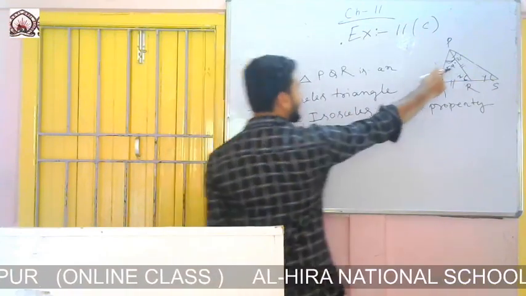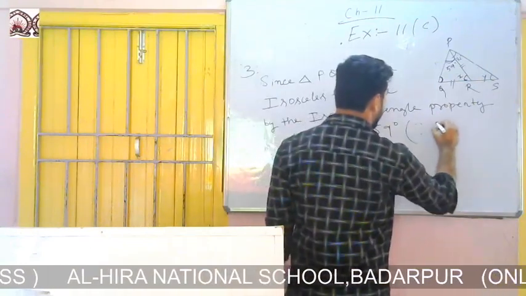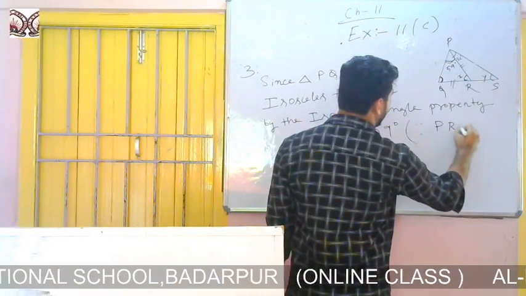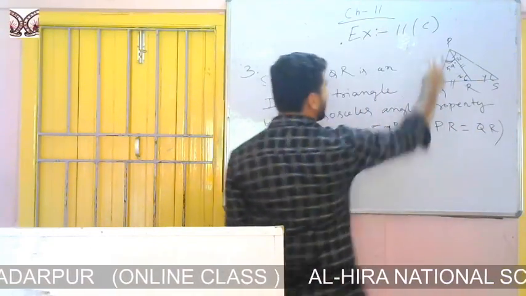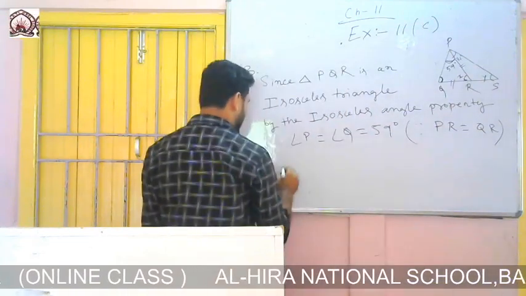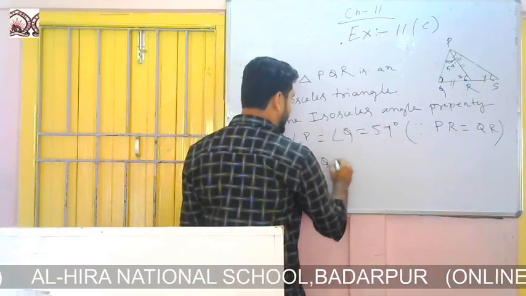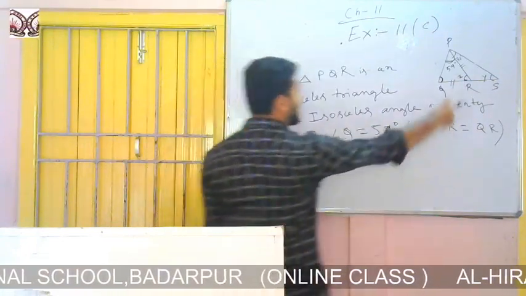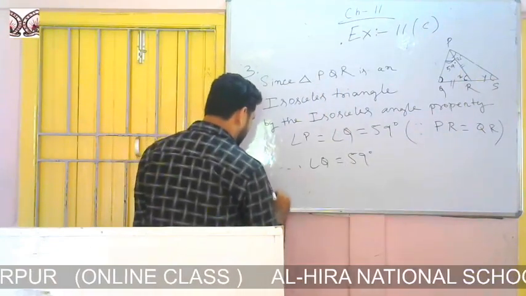Because angle P equals 59 degrees, then obviously angle Q equals 59 degrees, since PR equals QR. Now we can find angle X by the angle sum property.